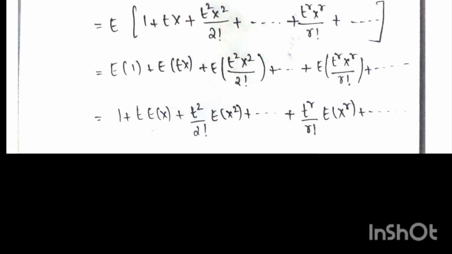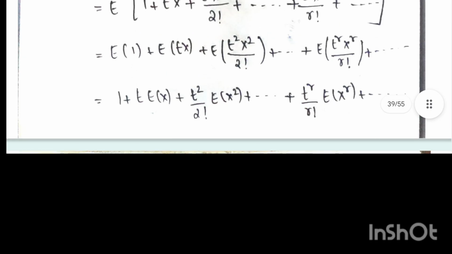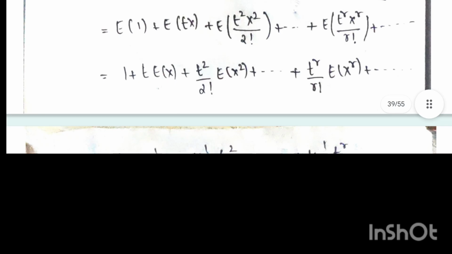If you apply the expectation here, the expected value of any constant is the constant only. Here t is a constant, so putting it outside: E of x, t square divided by 2 factorial E of x square, and t to the power of r divided by r factorial, which is a constant.